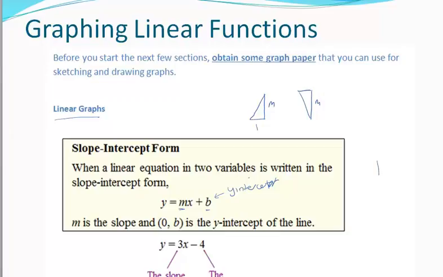Our y-intercept, where we cut through the y-axis, is at minus 4. And our slope means that for every 1 that we go across, we go up by 3. So up by 3 here, and that will be minus 1. Go across by 1 and up by 3. So 2 and 2, and so on.